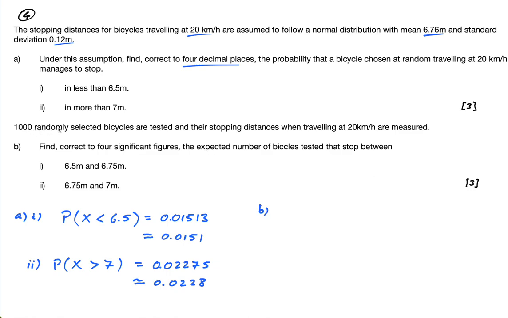Part B. 1,000 randomly selected bicycles are tested and their stopping distances are measured. Find, correct to 4 significant figures, the expected number of bicycles tested that stop between 6.5 and 6.75 meters.